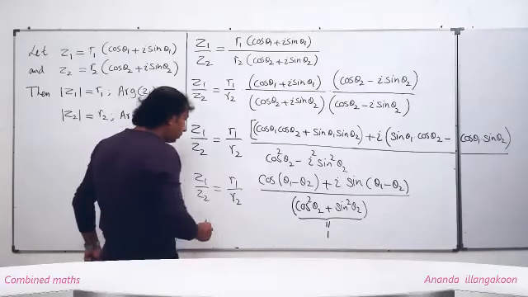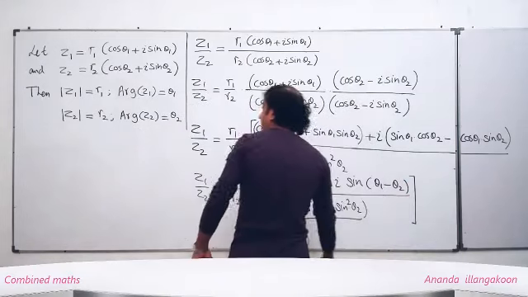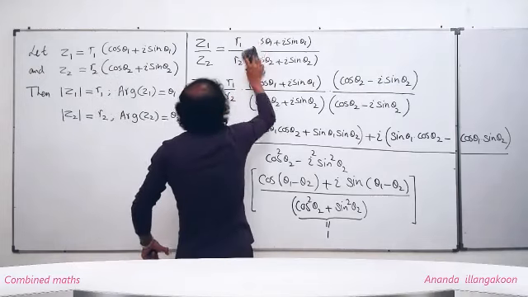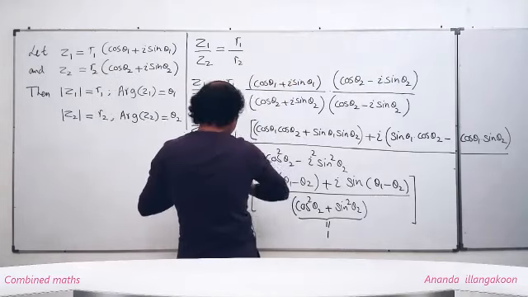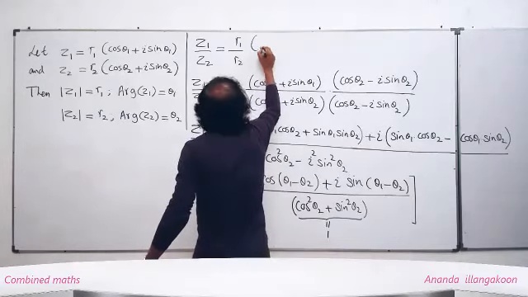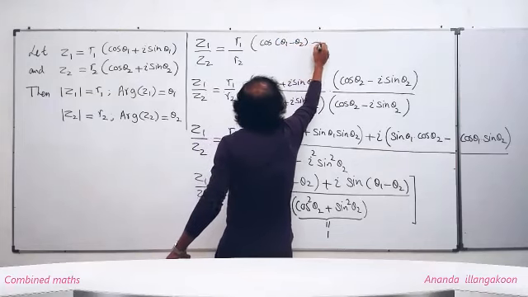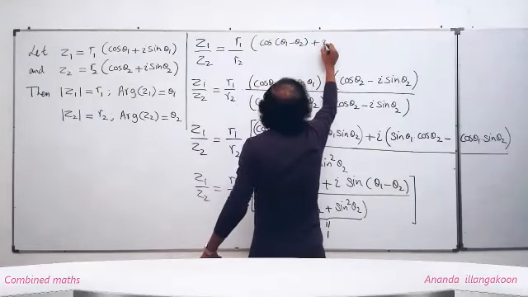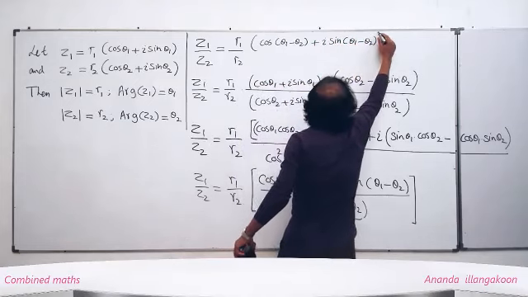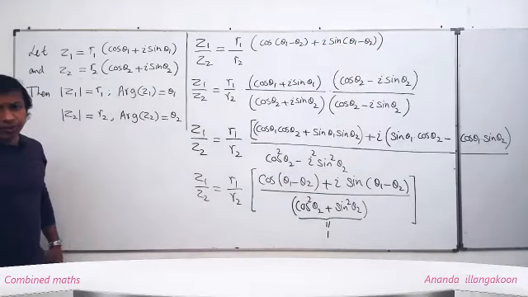So then what we get is, within a bracket, cos (theta 1 minus theta 2) plus I sin (theta 1 minus theta 2). Then this is what we get for Z1 divided by Z2.